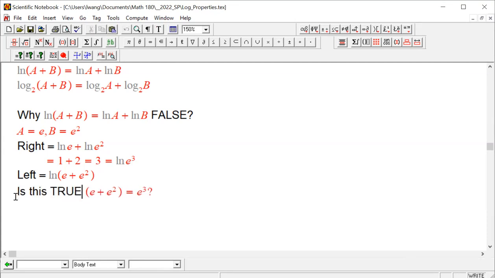If you try this on your calculator, suppose I bring up e and ask for a numerical value of e to the power 3, what would that give me? Obviously they're not the same. Therefore, if these two numbers are not the same, when you take natural log they will not be the same either.